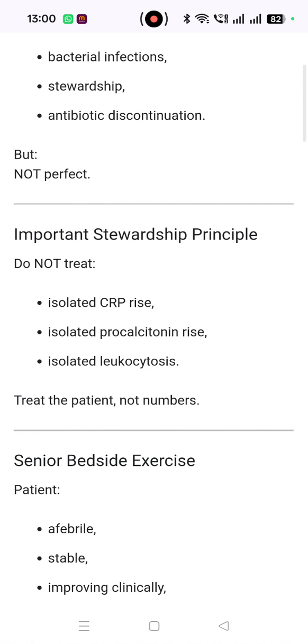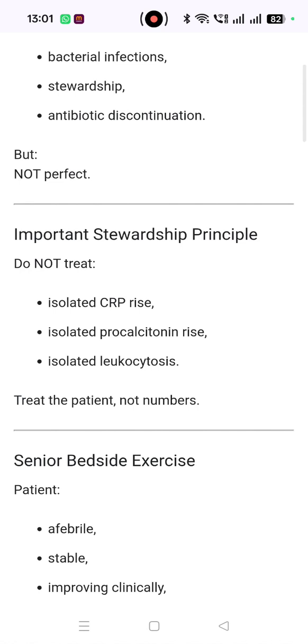Now, an important stewardship principle is do not treat an isolated CRP rise. If there is an isolated CRP rise, then don't treat. If only procalcitonin is there, or only leukocytosis is there, it is not very specific.